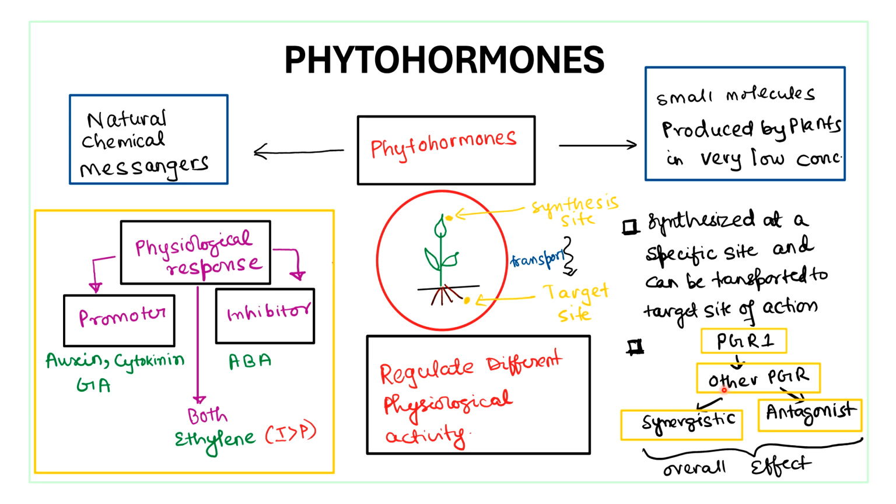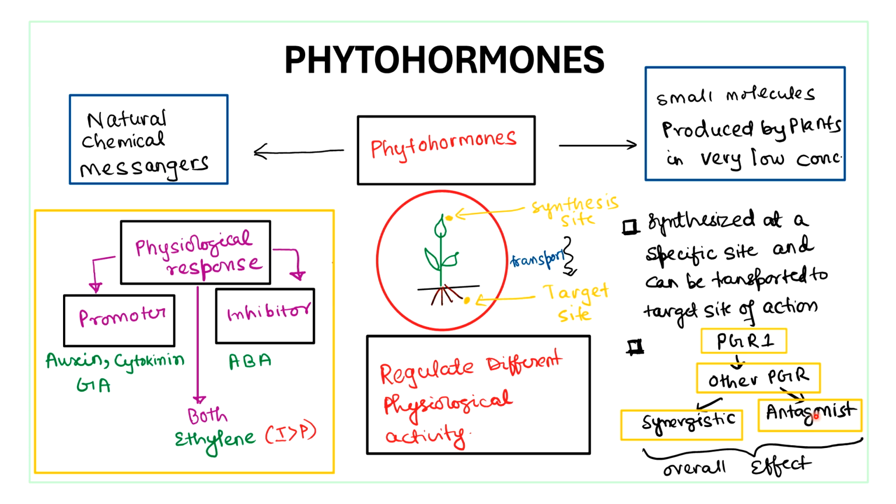They can interact in a positive way, which is called the synergistic approach, or they can negate each other's physiological response and act as antagonistic. So this interaction within the plant growth regulators shows an overall physiological response in plants. Is that clear? So this is the introduction part.